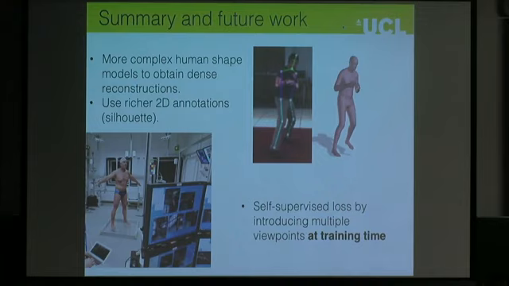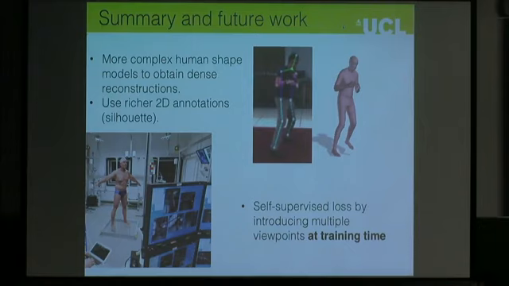And then, of course, something that we also want to do is to go towards a self-supervised system. So we still need supervision here. We need ground truth values for the 2D landmarks. What we want to do next is to really push this towards a self-supervised system.